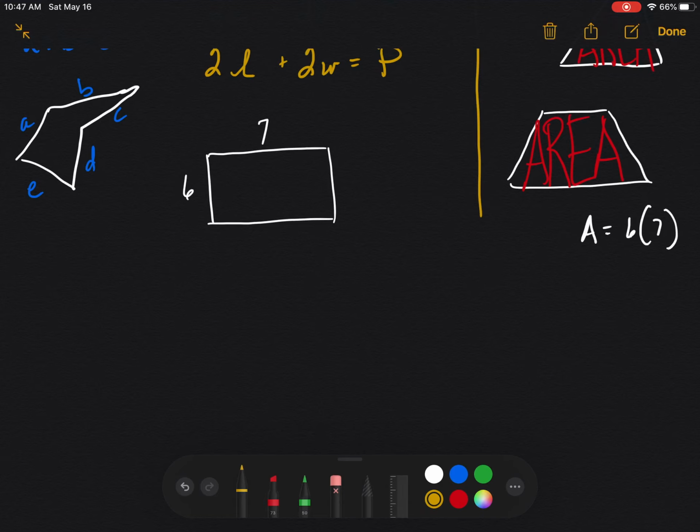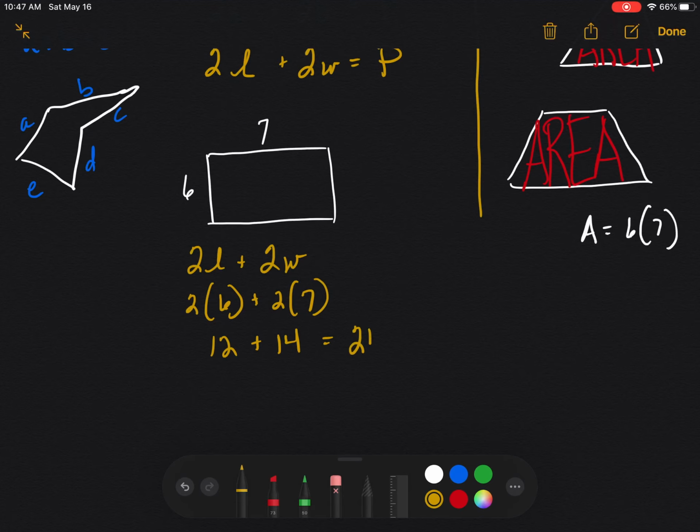And your perimeter brain says that it's going to be 2 times the length plus 2 times the width, which means it's going to be 2 times 6 plus 2 times 7, which is going to give you 12 plus 14, and our perimeter will be 26 units or meters or whatever the unit is.